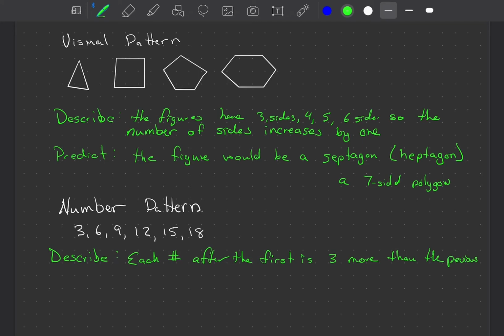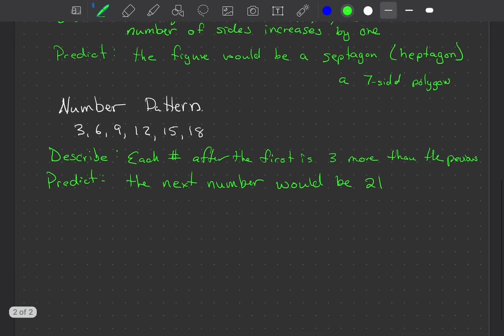Okay, so we're just adding 3 each time is another way to kind of phrase that and think about it. And so if we were to make a prediction, the next number would be 21. 18 plus 3. Okay, so that's not too bad.